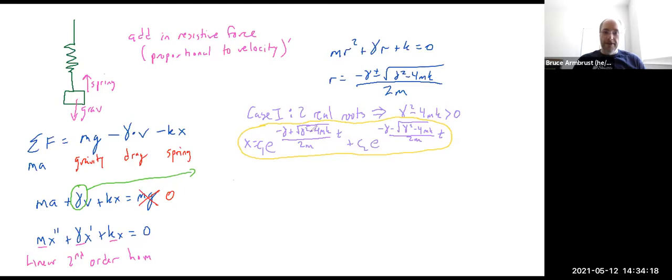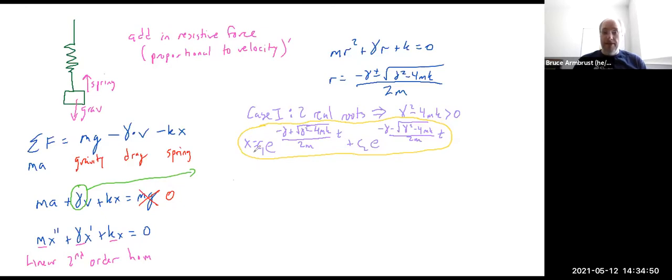So this guy in the square root, when you take the square root of it, is going to be less than gamma. How much less than gamma? Well, that depends. But it's going to be less than gamma because we're always removing something. All right, well, if we're going to take negative gamma and add something less than gamma, that's negative as well.